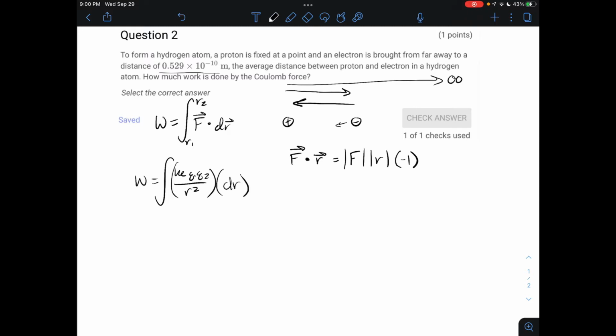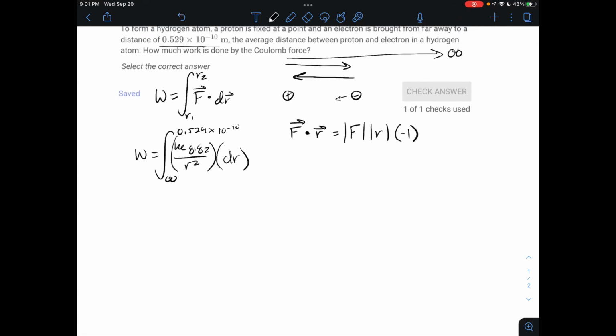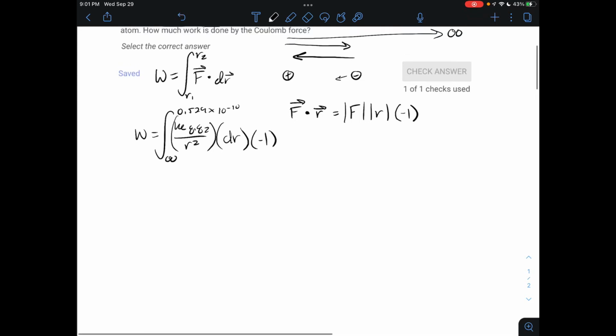When we're evaluating this, we're starting at infinity, and we're bringing it to this other point, 0.529 times 10 to the negative 10th. Again, we're keeping everything in meters, so we keep consistent units and can get an answer that makes sense. And this is also all times -1, because we have that -1 from the dot product because they're going in opposite directions.